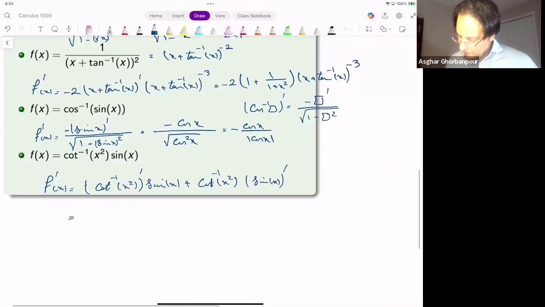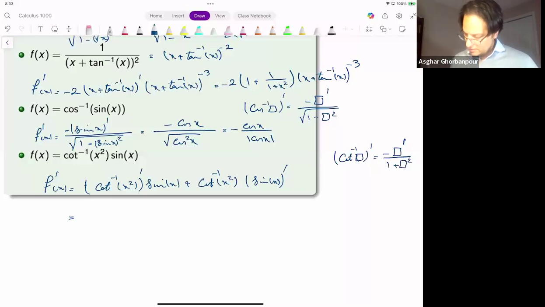And the derivative of cotan inverse of box is minus box prime over 1 plus box squared. That tells me this part is negative 2x over 1 plus x to the fourth, times sine x, plus cotan inverse of x squared times cosine x.